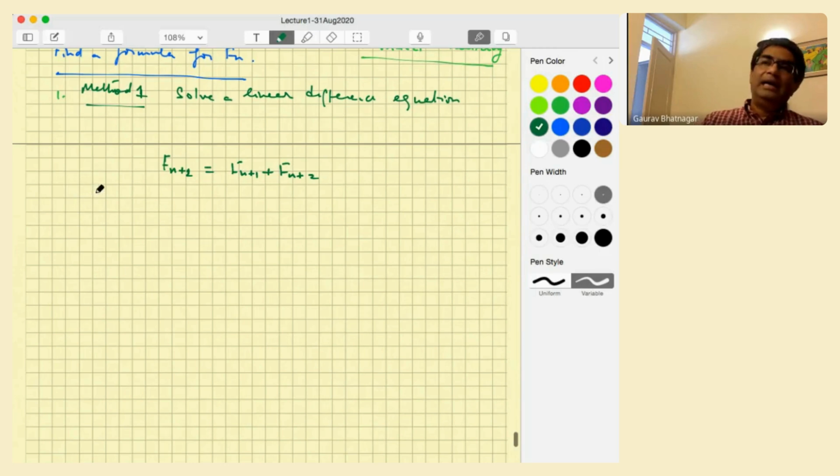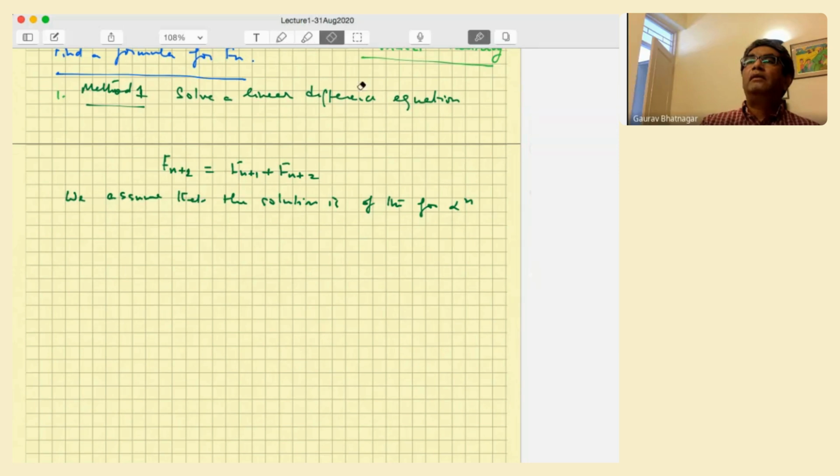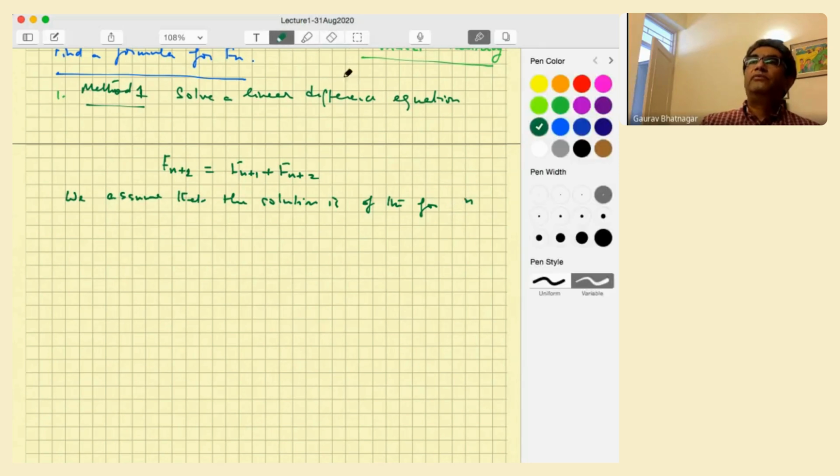It's very similar to how one does it in differential equations. We assume that the solution is of the form alpha raised to n, or I'm using R because Wilf uses R. Then R raised to n+2 is equal to R raised to n+1 plus R raised to n.